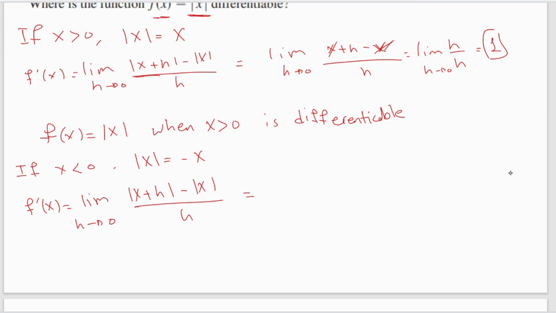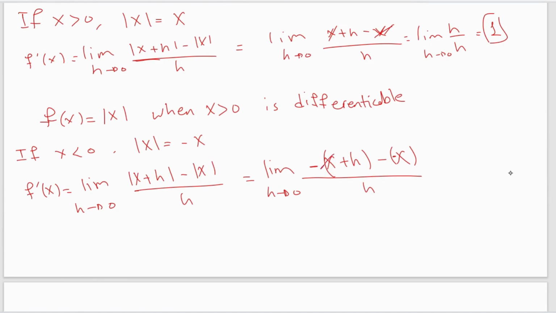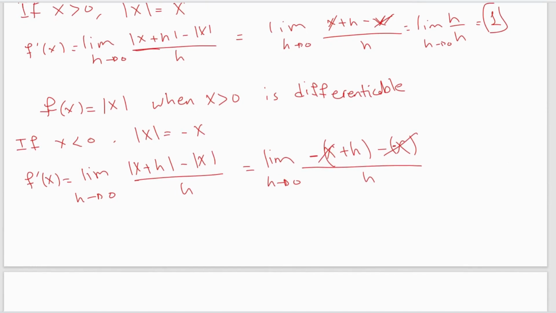We're gonna have the limit of minus x plus h minus x over h, and h goes to 0. Now we're gonna delete this one with this one. Minus x plus x will give us 0. So we're gonna have the limit of minus h over h as h goes to 0, which is equal to -1.